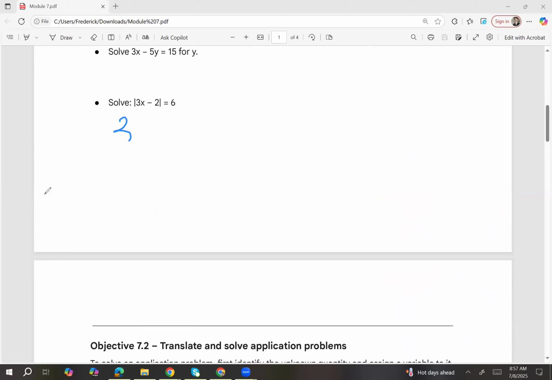So first, we will write two separate equations, 3x minus 2 equals 6, just like we see it there without the absolute value signs. And then second, write without the absolute value signs and the negative or opposite of the number on the right. We'll solve both of these equations separately.